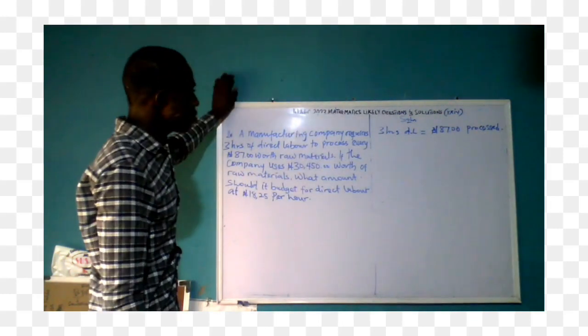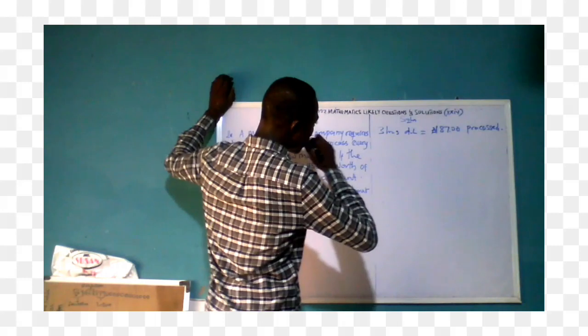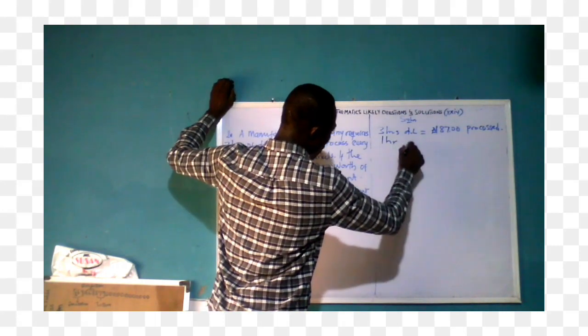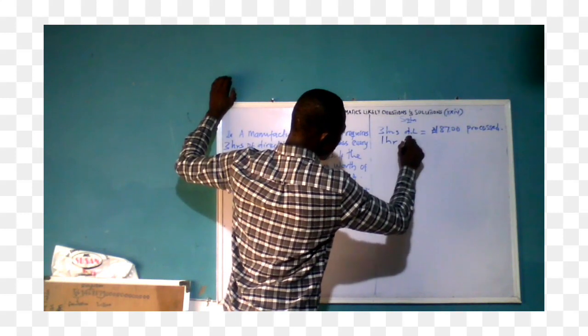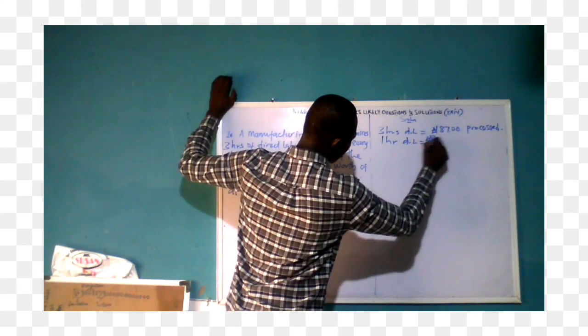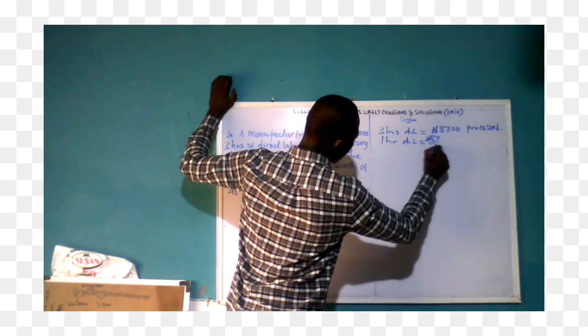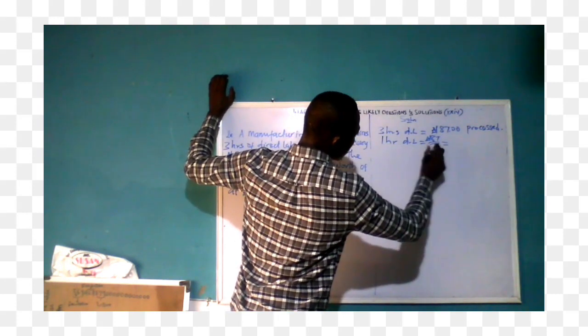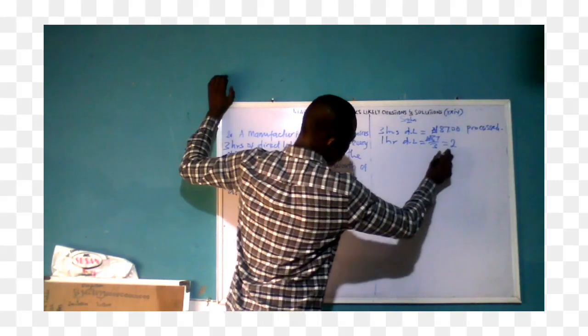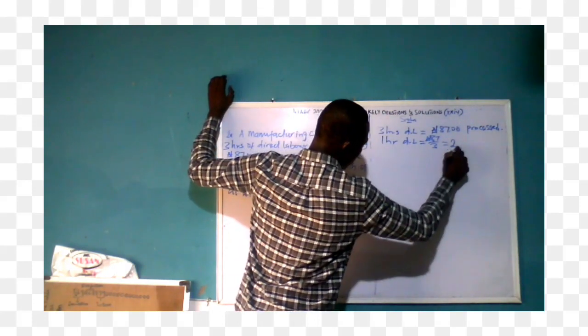So now let's take what a unit hour can give us. It means that 1 hour of direct labor will be equal to 87 naira all over 3. That will give you what? 3 in 8, that's 2, remainder 2. 3 in 27, that is 9.